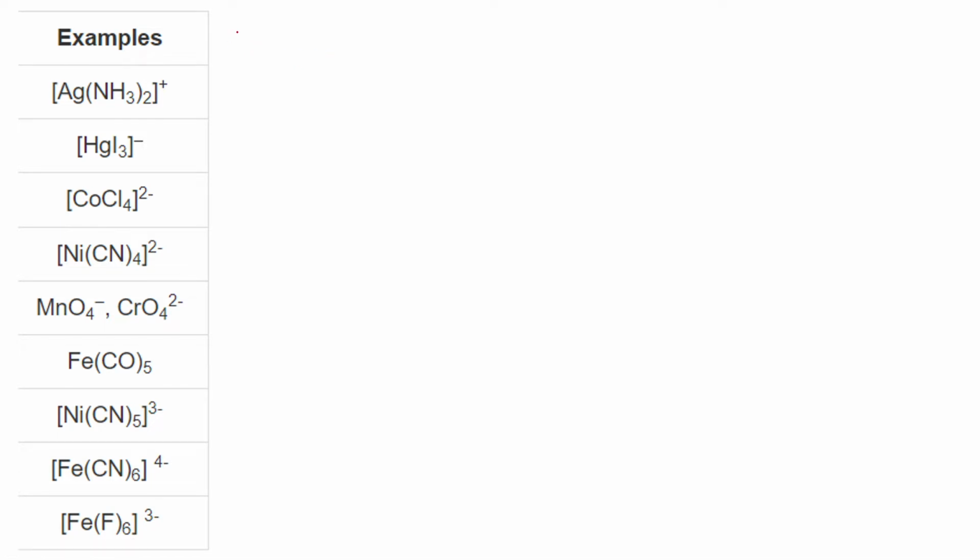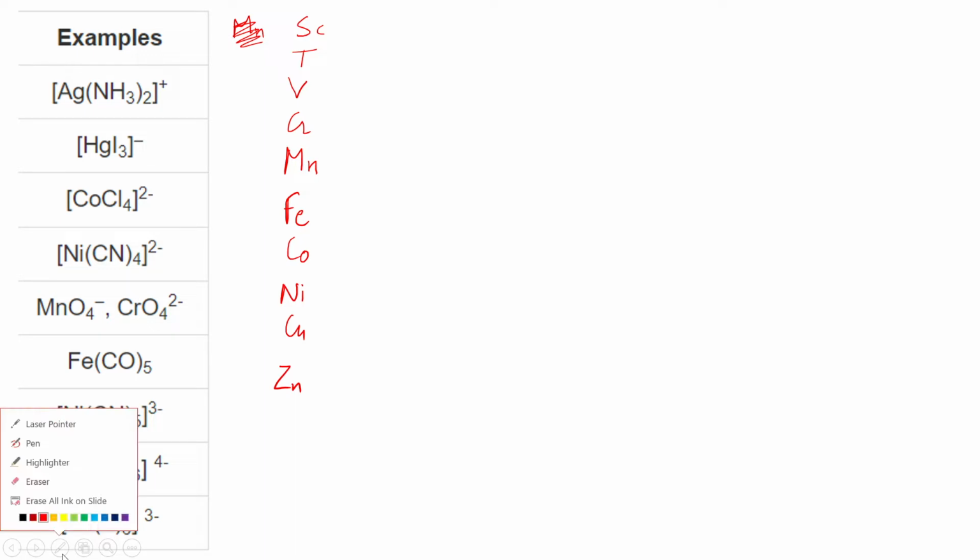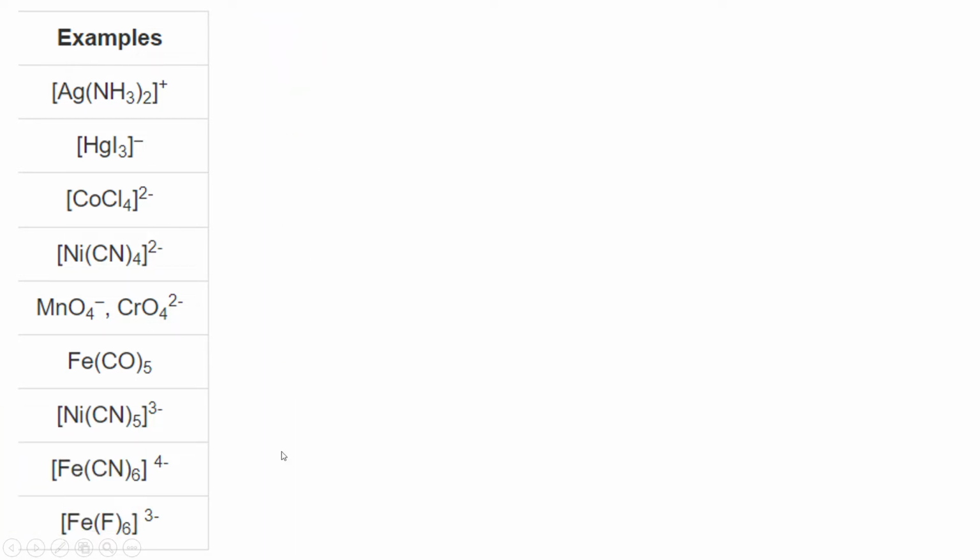For the sake of simplicity, I'll be writing the electronic configuration up at the top: manganese, starting with scandium, titanium, vanadium. I should have written it the other way around, so that it is easy for you to understand the 3d and 4d metals.